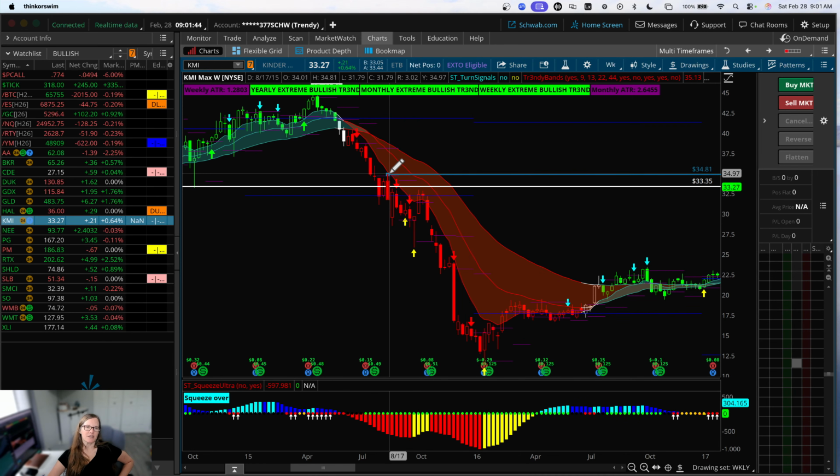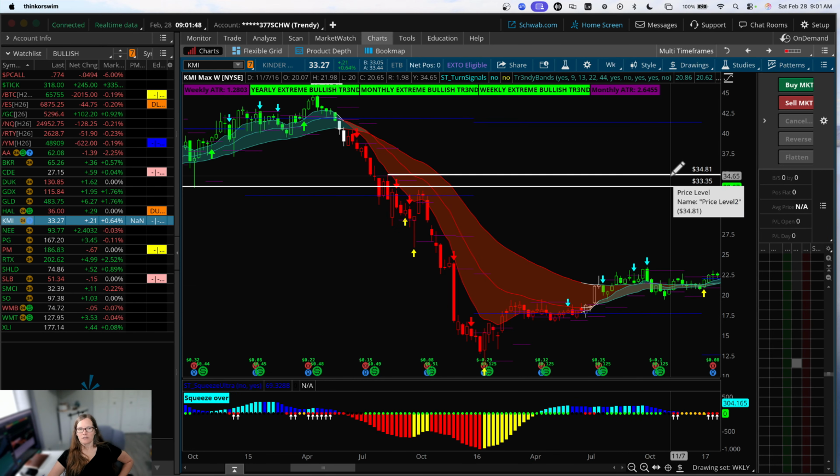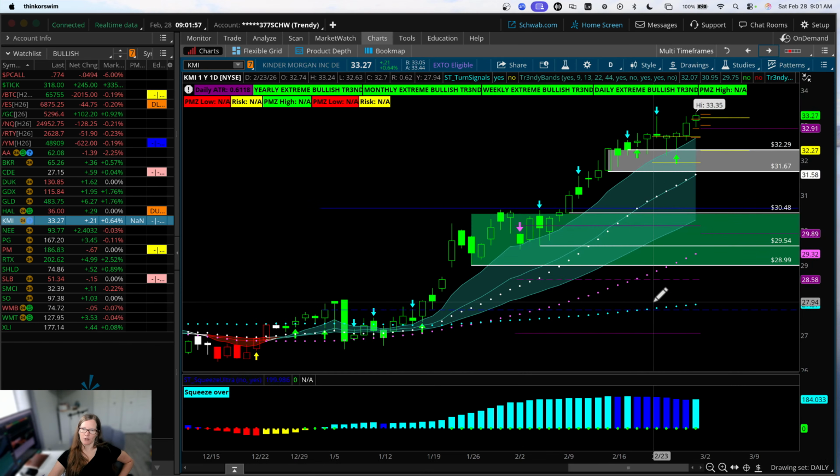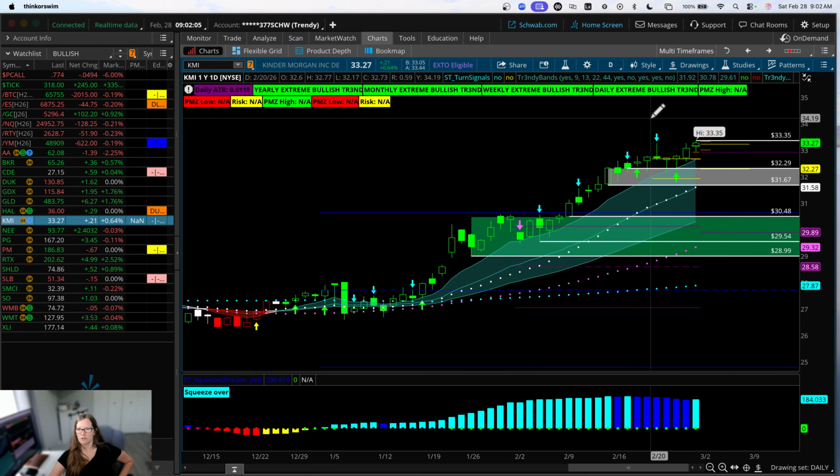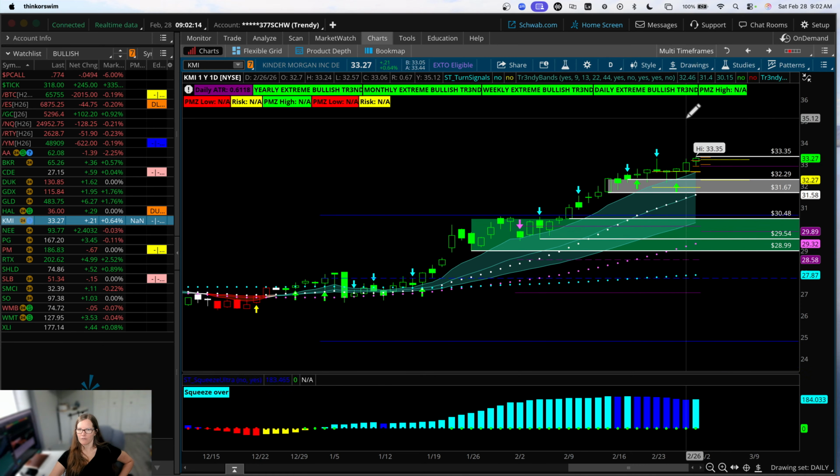So the top of this zone is going to be right here. This is going to be some resistance, right? Obviously, 33.35 to 34.81. I'm going to go back to 33.35, 34.81. Those are going to be some targets to the upside, 34.81. We don't got to be exact. We're just going to put it up there near 34.81.